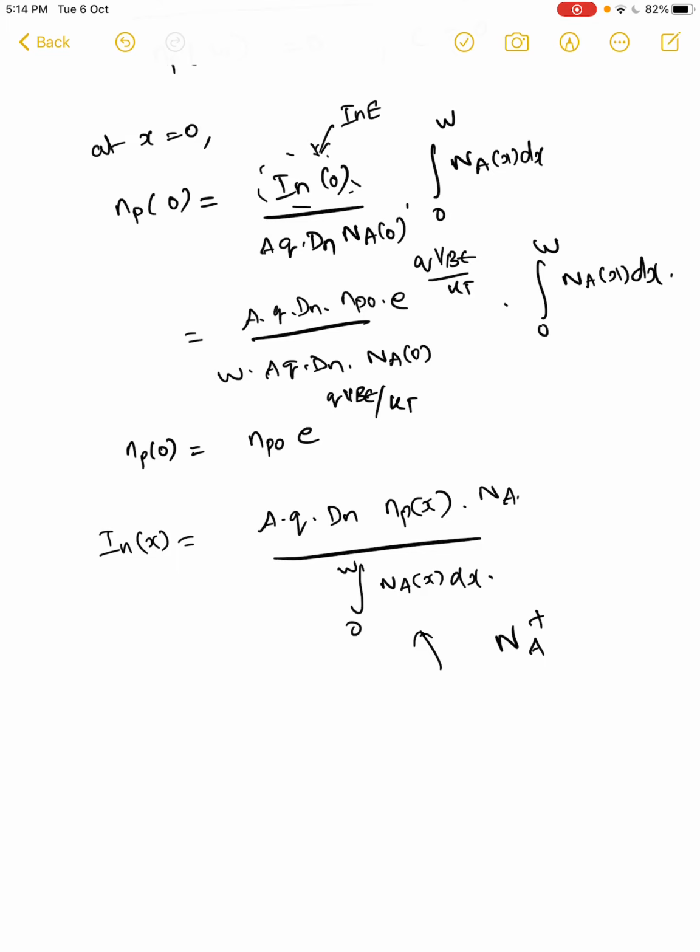So we know at In(0), which is INE, which will turn out to be A q Dn by Na plus, and we just calculated Np(0), which was Np0 e^(qVBE/kT), right?